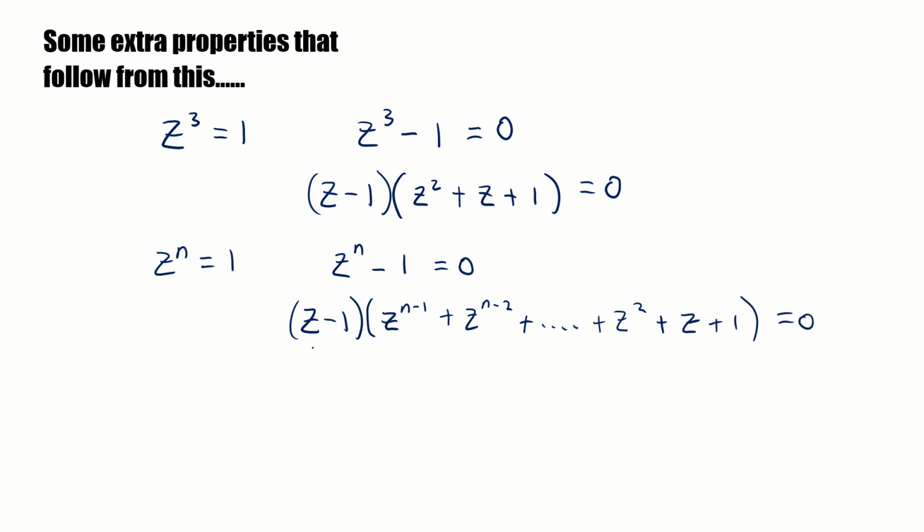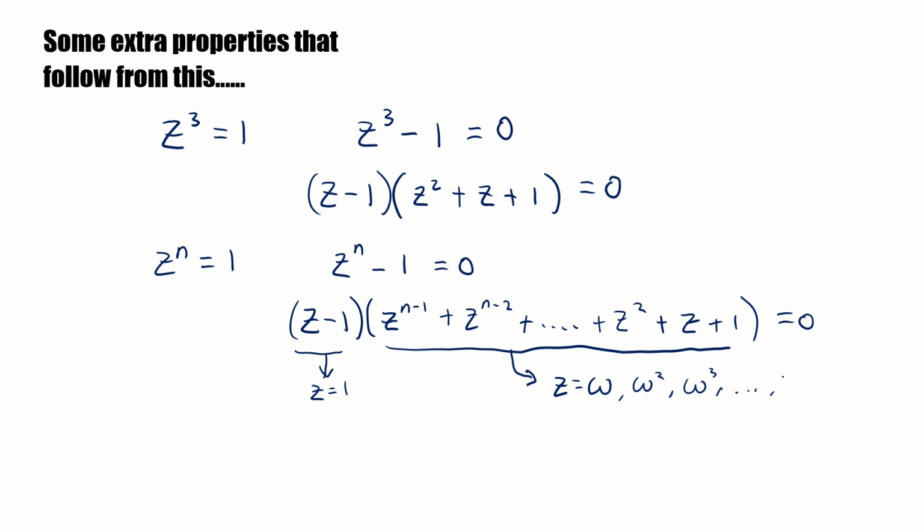Therefore, this first factor is where z equals 1 comes from as a solution, and this other factor is where all the other solutions come from. In other words, z equals omega, omega squared, and so on, all the roots of unity, up until omega to the power of n minus 1.